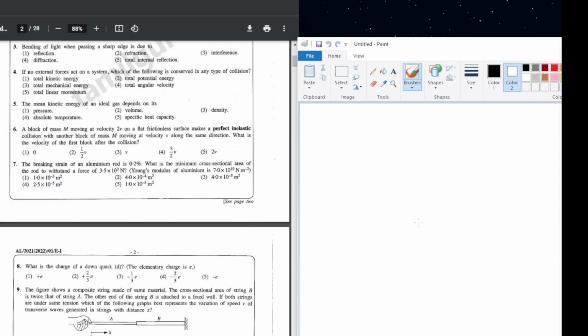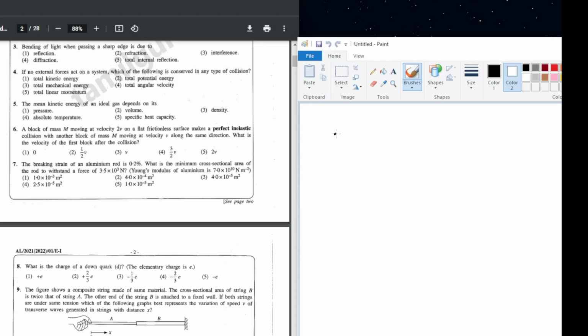Both A and B strings have same lengths. Lengths are equal. But cross-sectional area of B is twice that of cross-sectional area of A. Then the mass of the B string is twice the mass of string A.